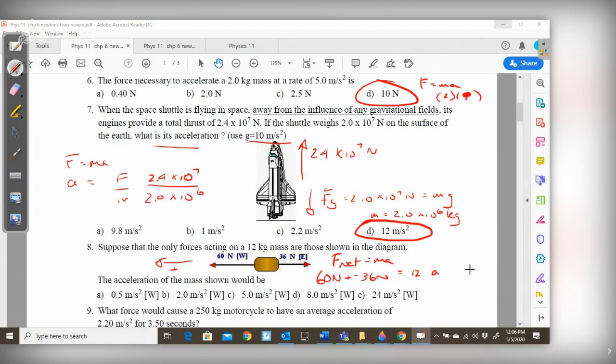So 60 plus negative 36 is equal to 24 newtons. And so 12 times acceleration, the acceleration will equal 2 meters per second squared. And it's going in this direction, which is west.